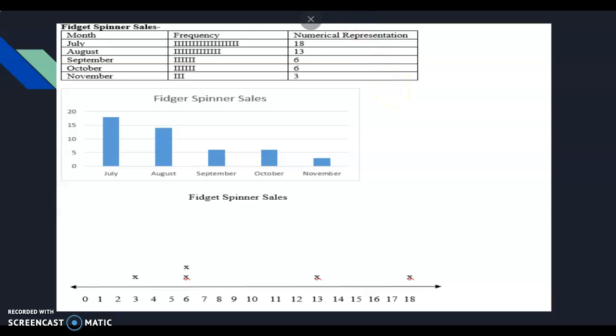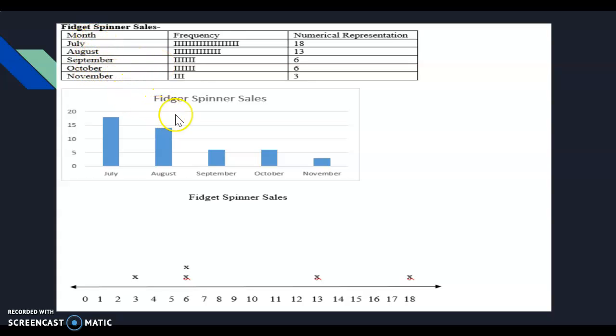At the very top, what you see is a frequency table. You've got November, and you've got 3 total for your frequency, and the numerical representation is 3 right here, and it goes for each month.